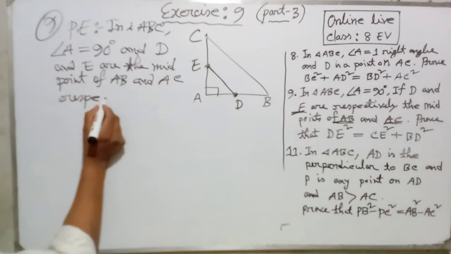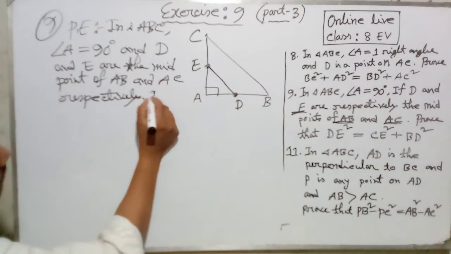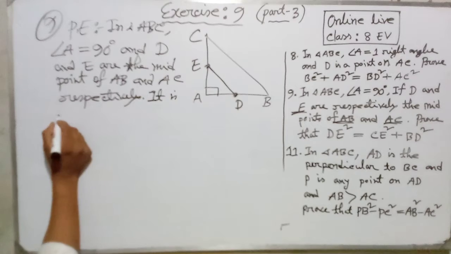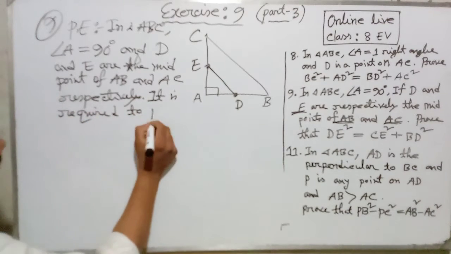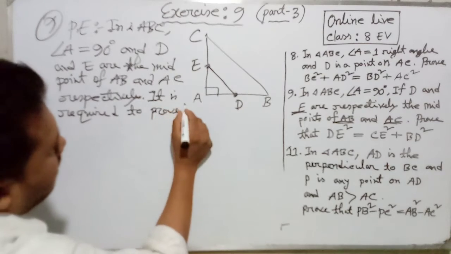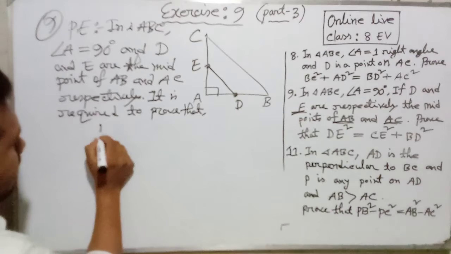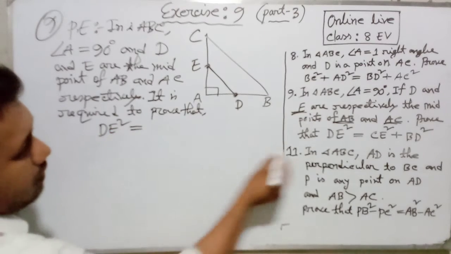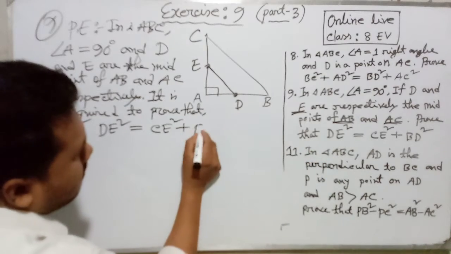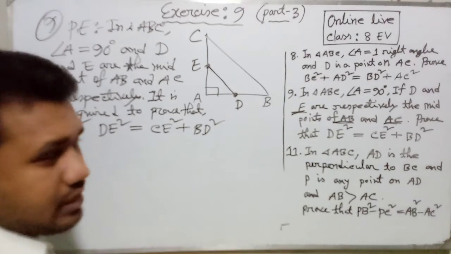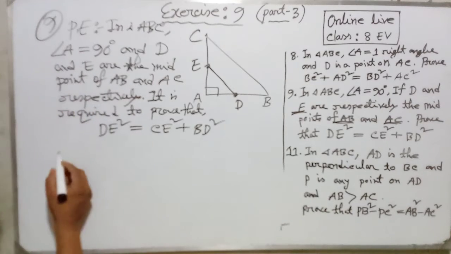Particular enunciation means we have to write the question. Now it is required to prove that DE square equals CE square plus BD square. Dear students, this is our required part. We have to prove this one. So now we can go to our proof part.